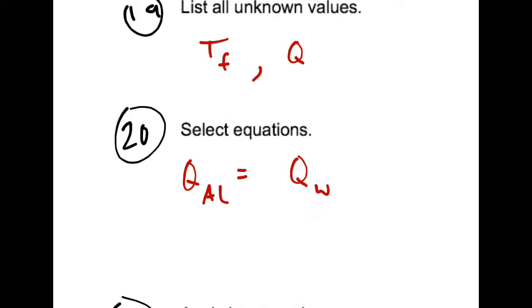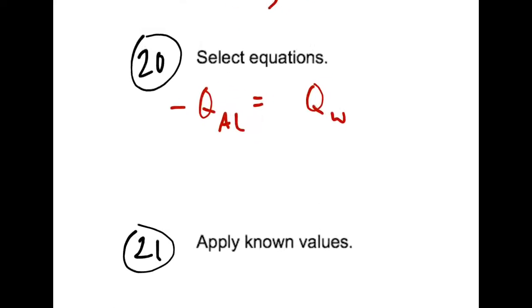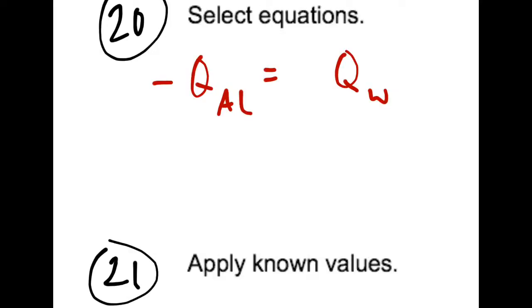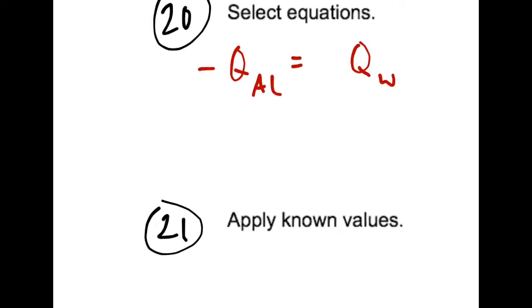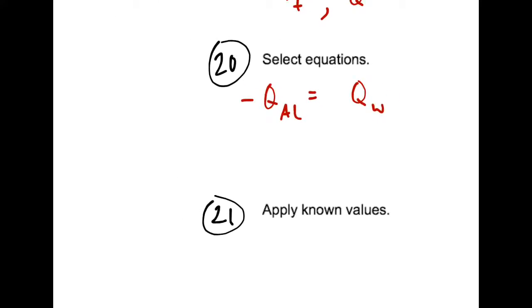The energy transfer between these two objects is the same, it's just one's going to be negative, one's going to be positive. The aluminum is hotter than the water, so because of the second law of thermodynamics, the energy transfers from hot to cold. The aluminum will be losing energy and the water will be gaining energy.